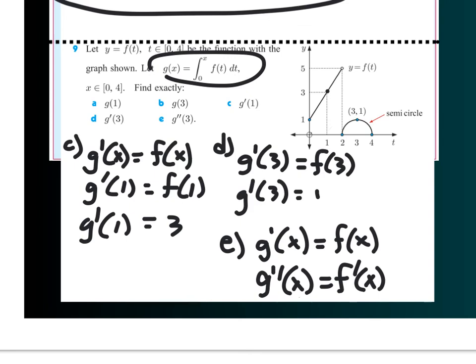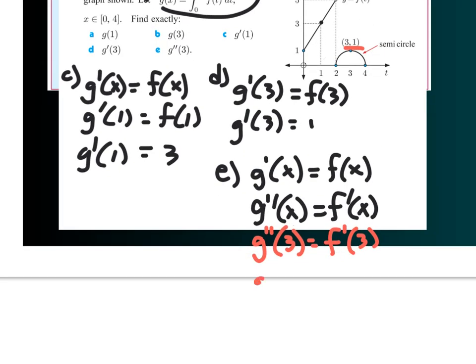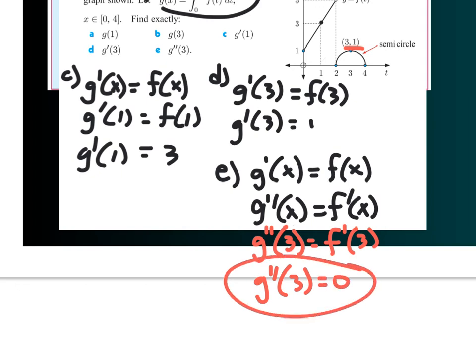So g double prime of 3 is f prime of 3, where the slope of the tangent line would be 0. So g double prime of 3 is equal to f prime of 3, and therefore would equal 0.